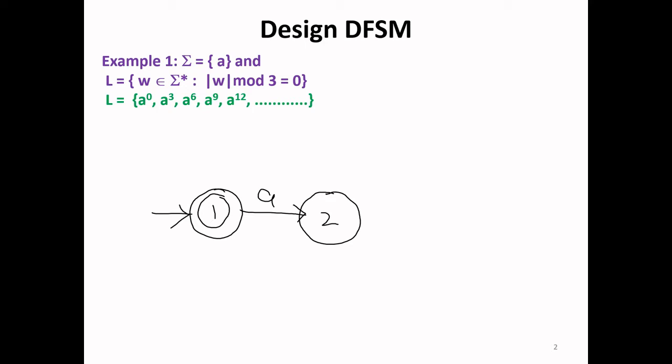Now tell me, is this a accepted? Yes or no? A single a according to this language must not be accepted, so it is not a final state. Then what about the second a? If 2 a's, then also it must not be accepted.